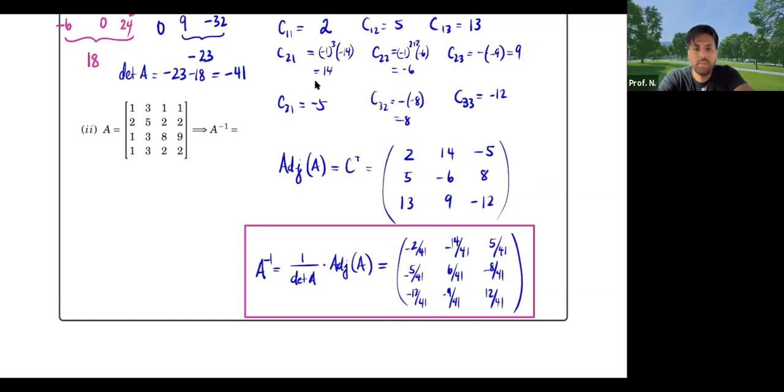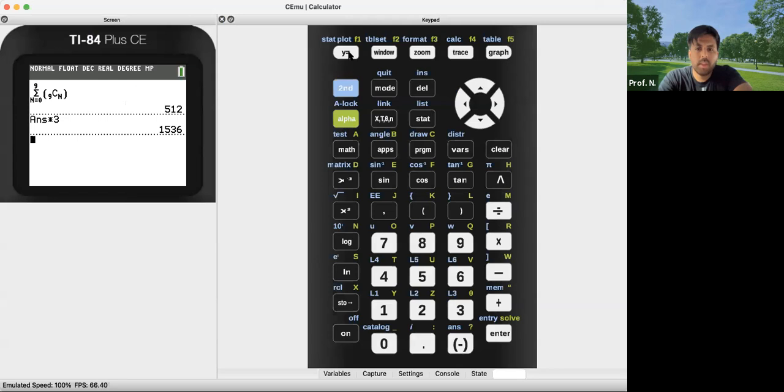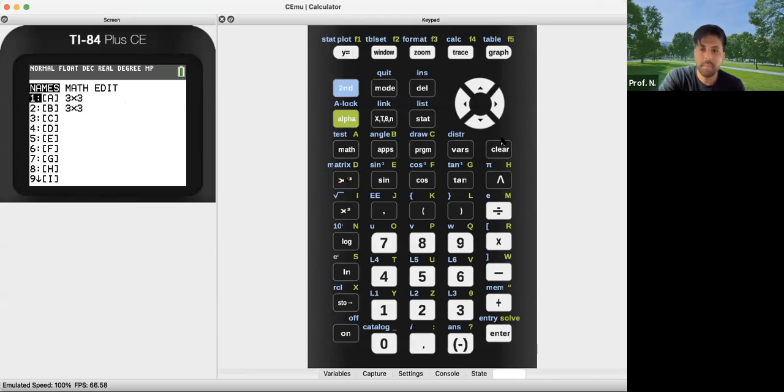And just to make sure we aren't crazy, let's actually compute it. So we got the second matrix. This is a 3 by 3, which is not bad to plug in. So here we go. We have 3 by 3.